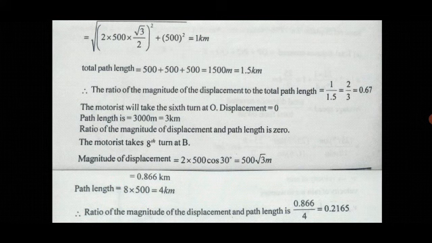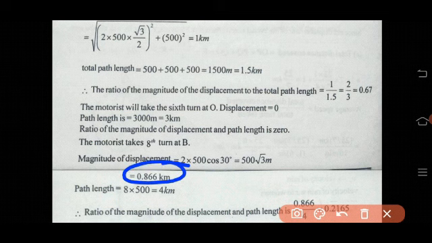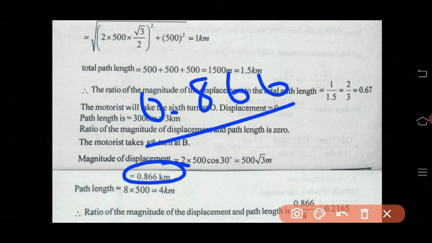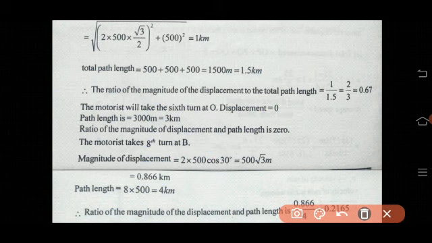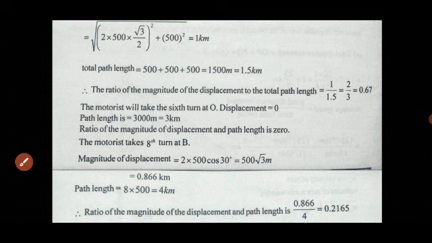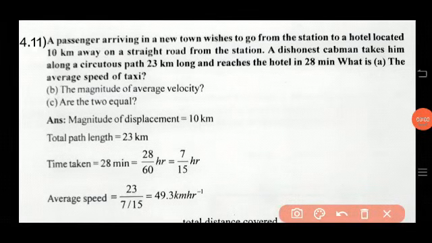Now you can take the ratio. The displacement is 0.866 by the total path length 4 kilometer, both in kilometer. So your answer is 0.2165.